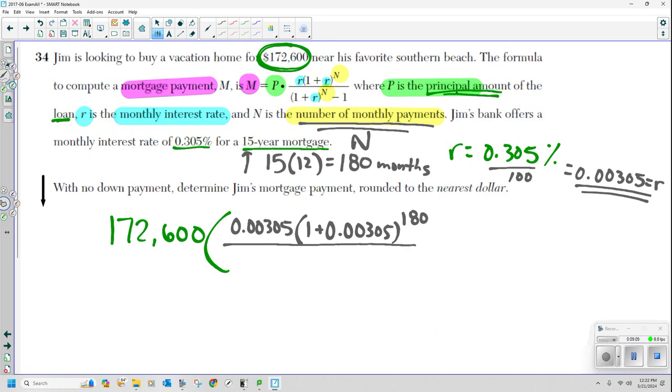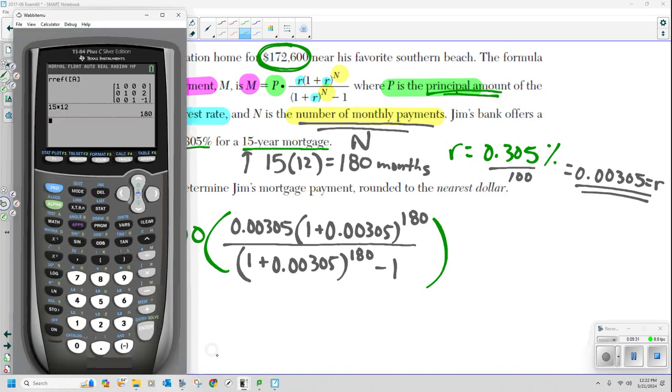All over 1 plus my rate, 0.00305, to the N, 180, minus 1. I literally got to put that all in the calculator and hit enter, and round that to the nearest dollar.